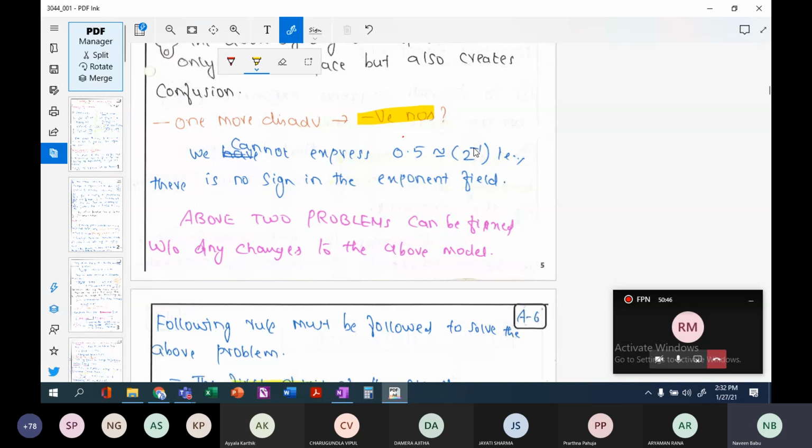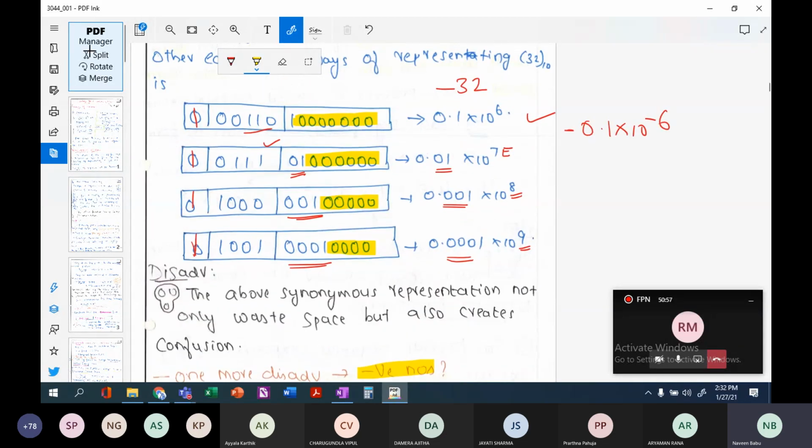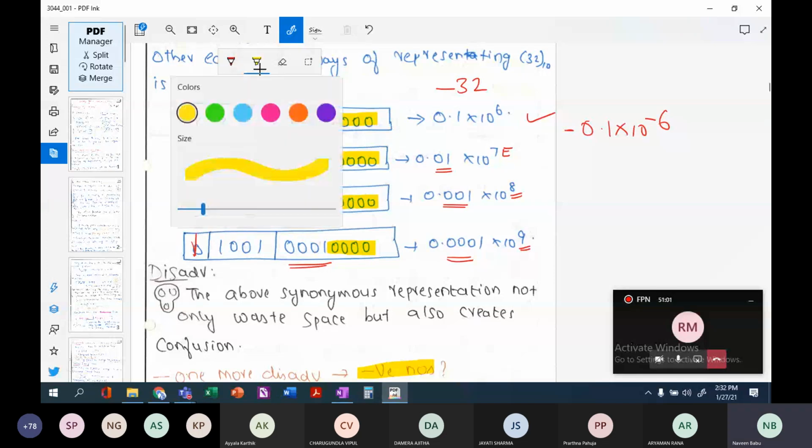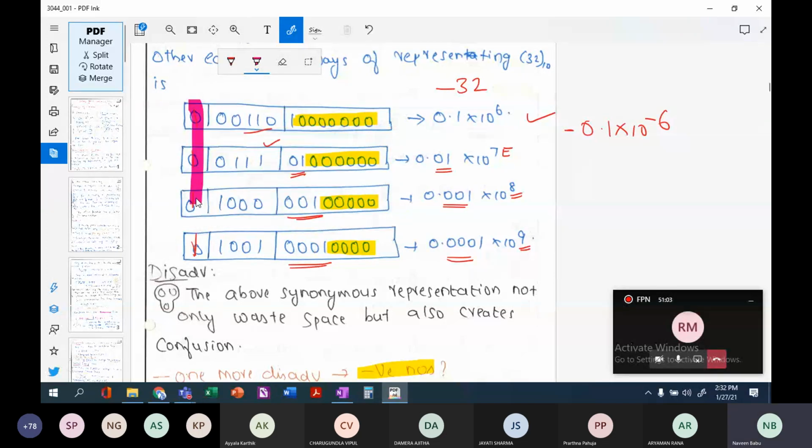So this exponent field is a negative value, and we don't have any sign bit representation for the exponent field. We have a sign bit representation for the complete number. This one, all these numbers, they are for the whole number, but not for the exponent.